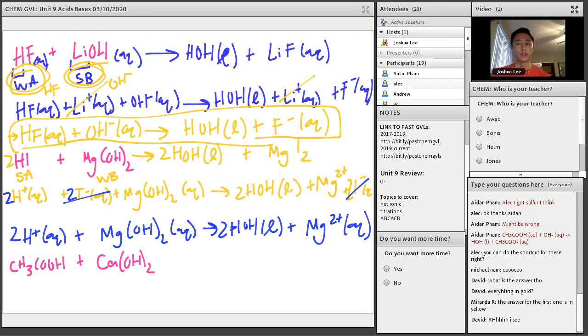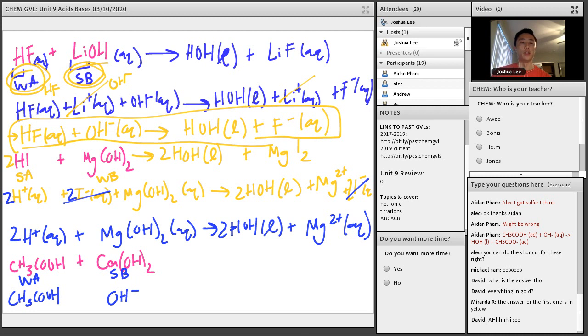Not bad. And then the last one, if we do the shortcut, you would say, hey, this is the weak acid. This is a strong base. So I know the weak acid stays together. So I'm just going to write this. And I know calcium hydroxide could be broken, leave it at this.